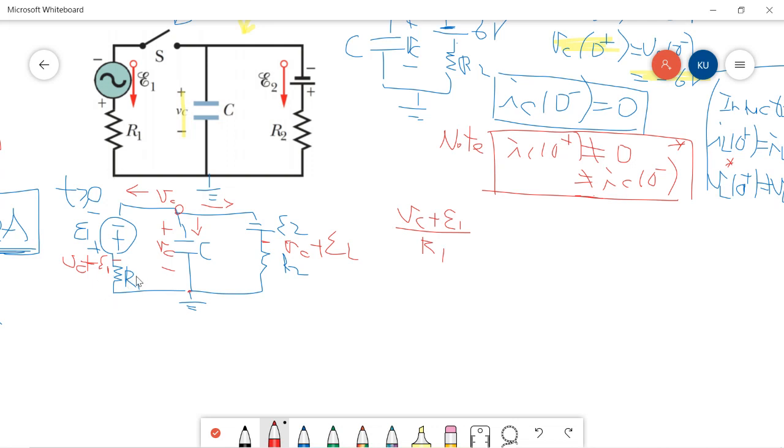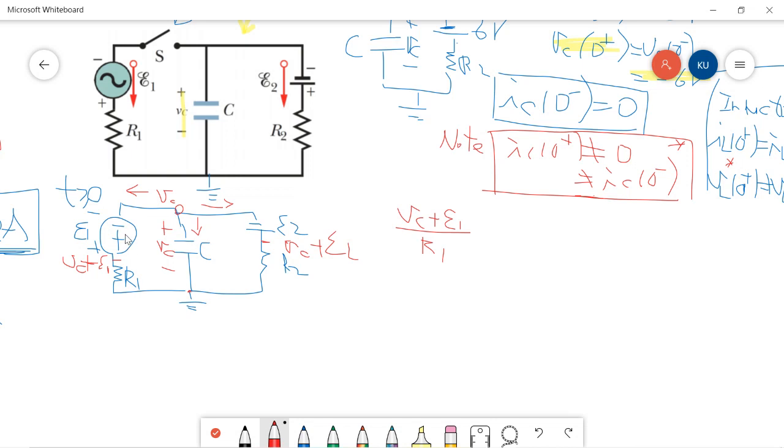So we calculate the current going through this resistor, which is the current going through this path, because there is only one path. The current going through here to here to here should all be the same.